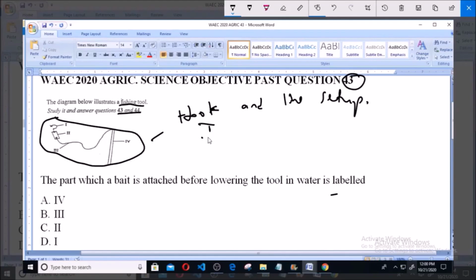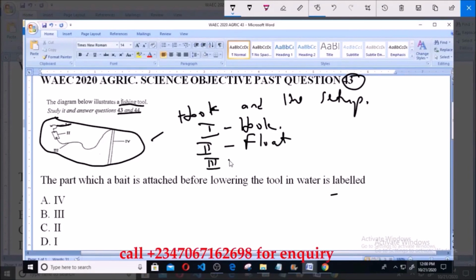So the part labeled 1 is known as the hook. The part labeled 2 is the float. The part labeled 3 is the line, and the part labeled 4 is the rod or the handle.